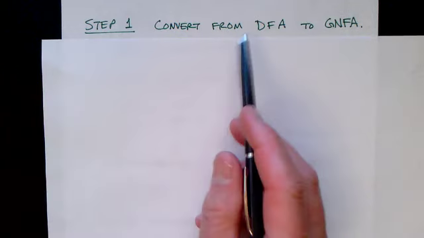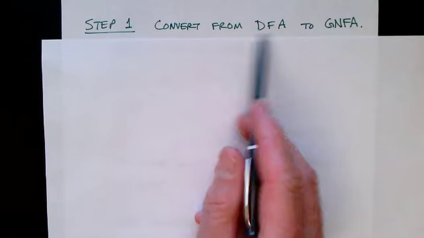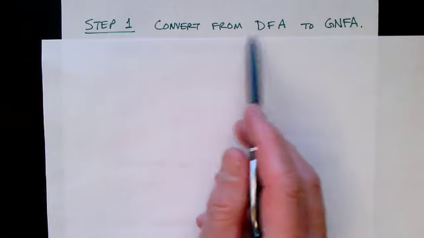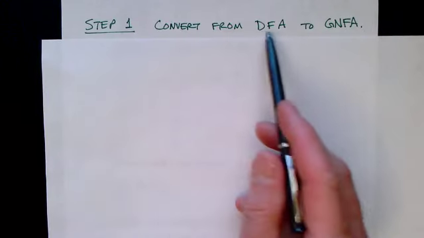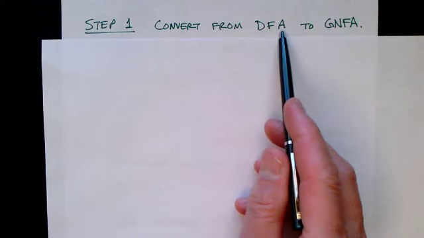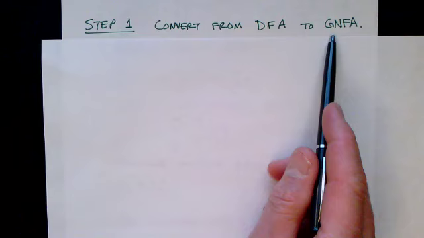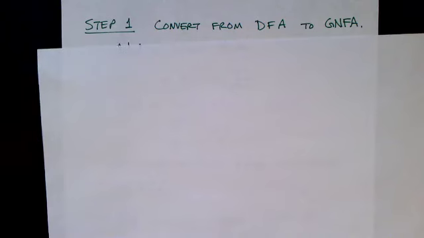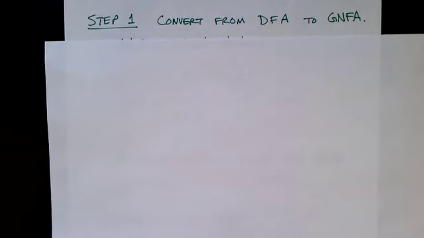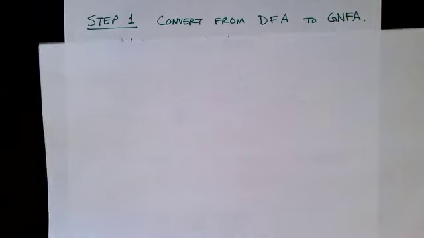We know that there must be a deterministic finite state machine. So in step 1 of constructing the regular expression, we're going to convert the deterministic finite state machine that describes the language into a generalized non-deterministic finite state automaton. And in step 2, we'll reduce it. But first, let's show how to start.